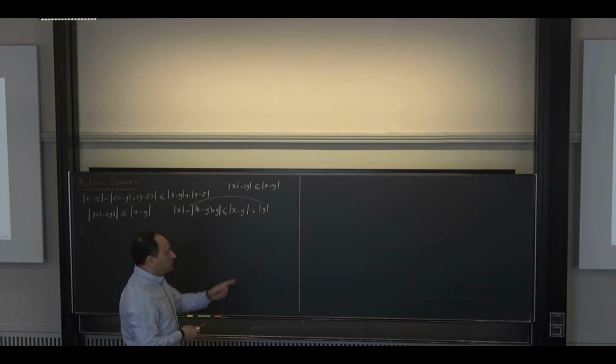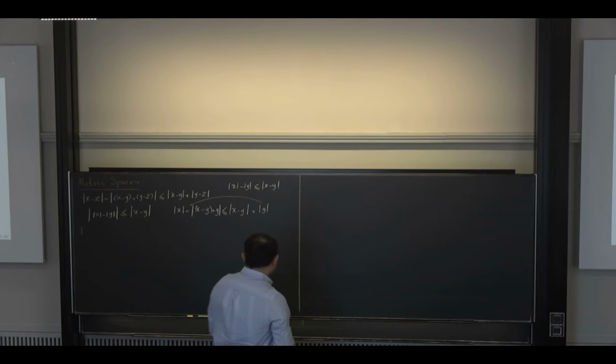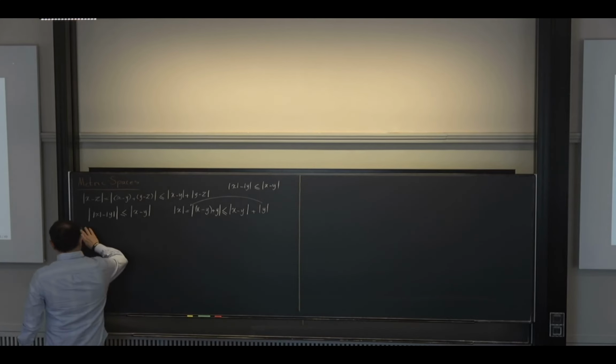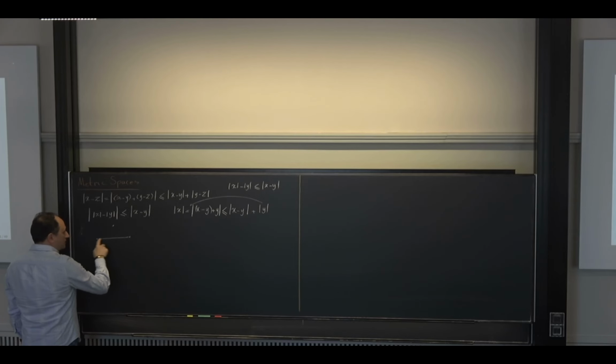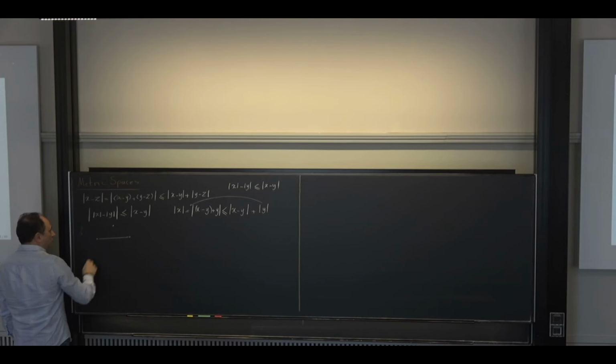Okay? And there is one more, and that is called triangle inequality. Yes? So what does it tell me? It tells me that if you have 3 points in a space, the distance between these 2 points is less than or equal to the sum of the distances from this point to this and from this point to that.